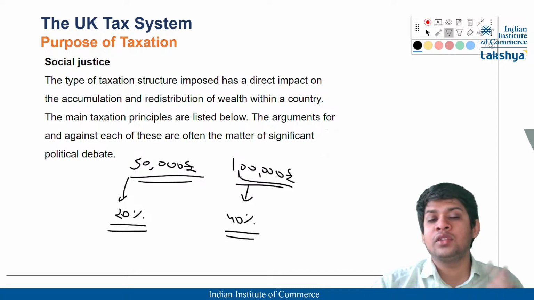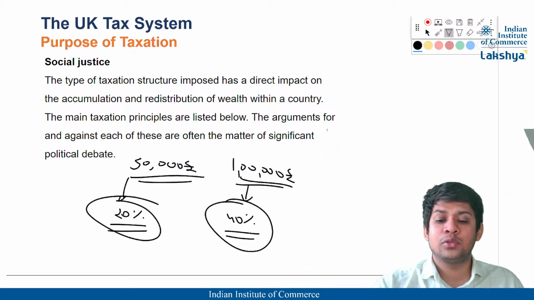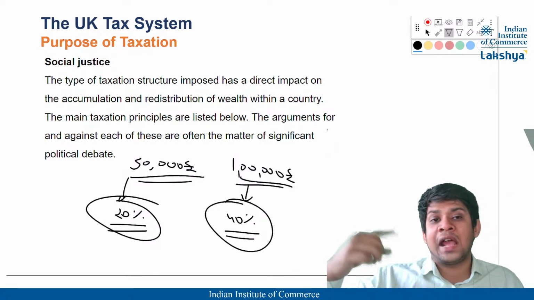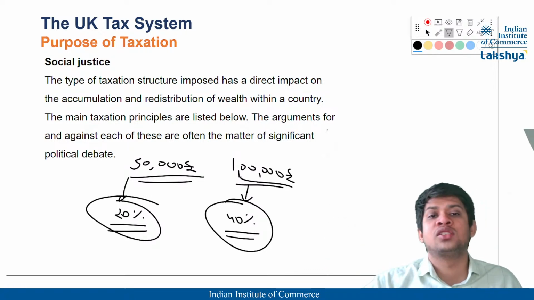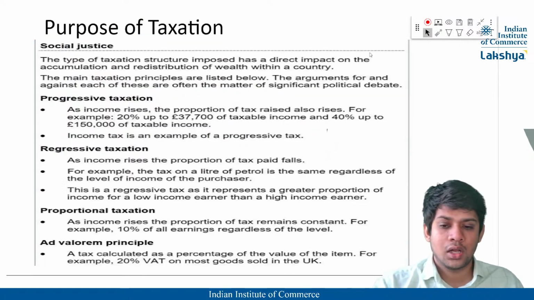That means as the income of the individual increases, the percentage of tax applicable on them also increases, and the UK tax system uses this progressive taxation. Technically these are not the actual values of how it is taxed. I'm just saying that the percentage of tax increases as your income also increases. That is known as progressive taxation.